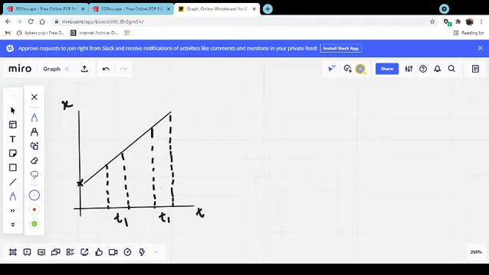When a particle is moving like this, it has a constant speed and the position-time graph is a straight line. Then the graph represents that no matter where the time interval t1 is, since the time interval we are taking is constant, the displacement of the particle in this t1 time interval would be the same as the displacement in this t1 time interval.